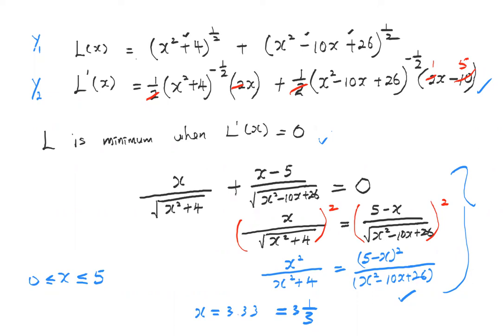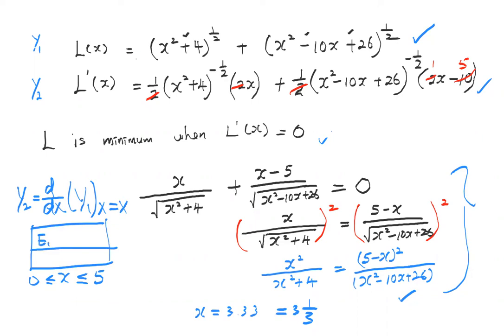No, I still can't use solver. What should I put in E1 and E2? If you can't use solver, you come for physical lesson. That's why I say, then only I can help you. Just now I helped your friend who keyed wrongly. If your Y1 is this, your Y2 is d/dx of Y1, x over x, x equal to x. So you key in your E1 as Y2.